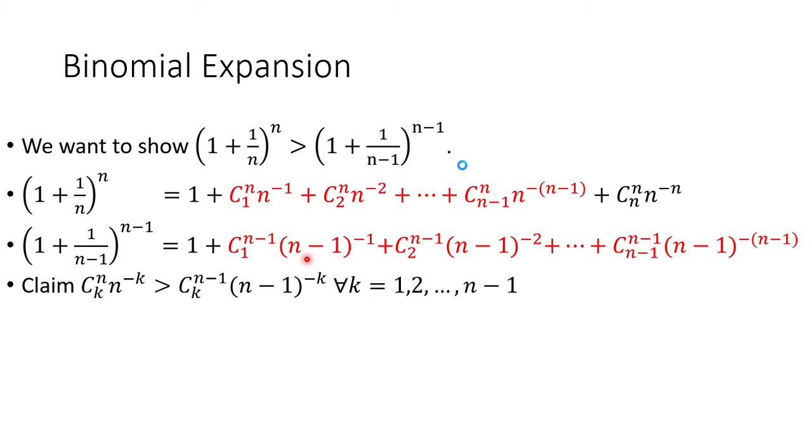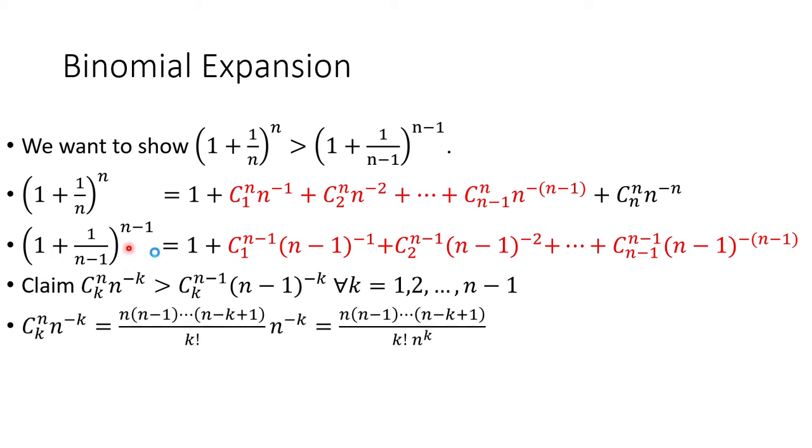I want to claim that C(n,k) n^(-k), the kth term, is larger than C(n-1,k) (n-1)^(-k), where k goes from 1, 2, 3, all the way to n-1. If we can claim that, then obviously this term is larger than this term.